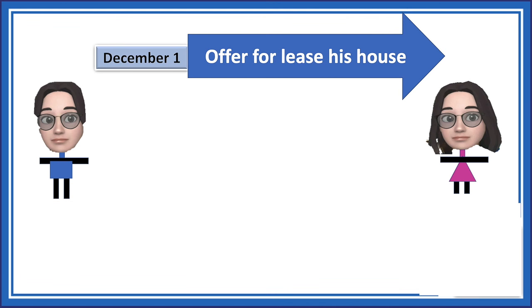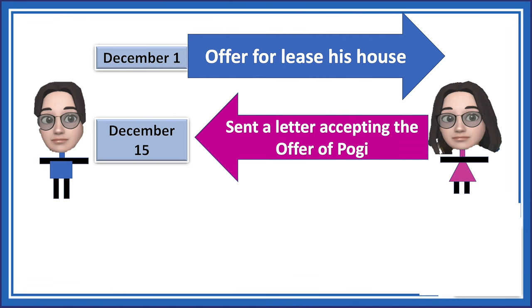Suppose on December 5, 2020, Pogi wrote again to Ganda. He offers his house for lease. He wants to rent out his house to Ganda. Now, suppose on December 15, 2020, Ganda also sent a letter, okay? Completely accepting the offer of Pogi.